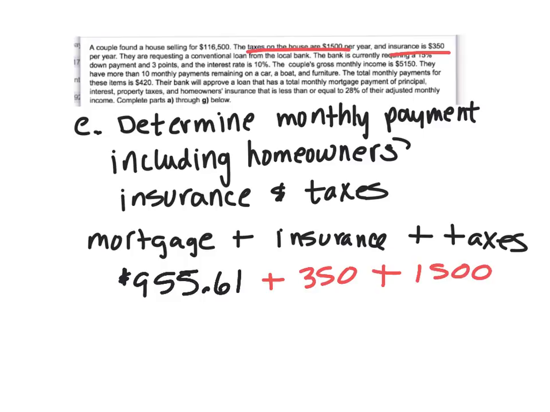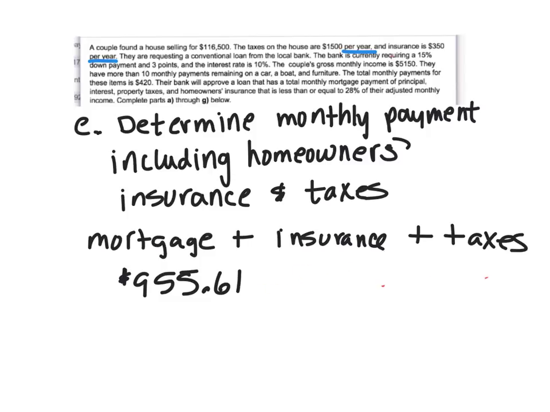Notice that in the problem, it tells you that is how much they pay, not every month, that is how much they pay per year. So if you add together the $350 and the $1,500 the way they are right now, you're adding too much, because that is what they would pay per year, not how much you would pay every single month.